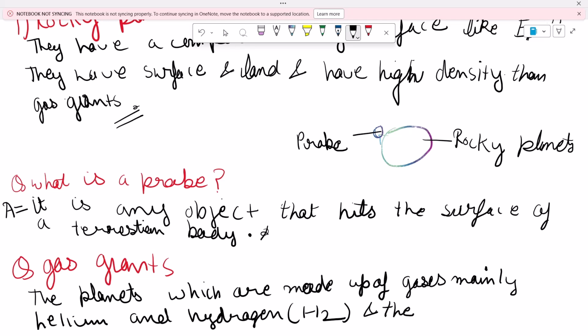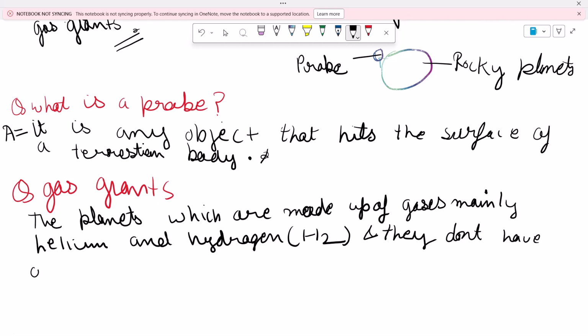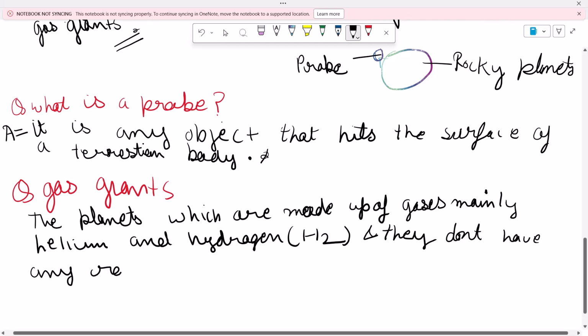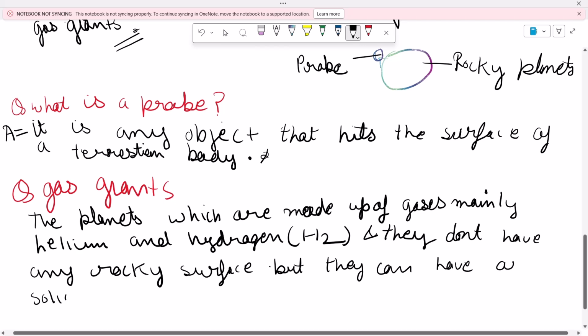They don't have any rocky surface, but they can have a solid core.